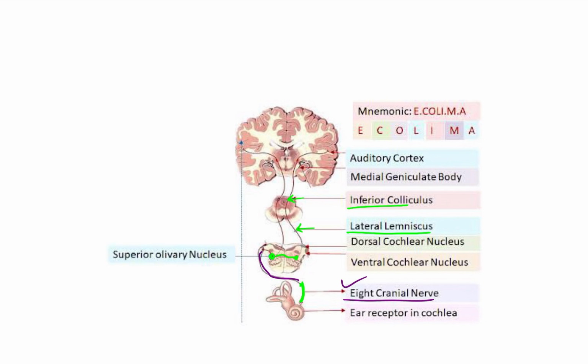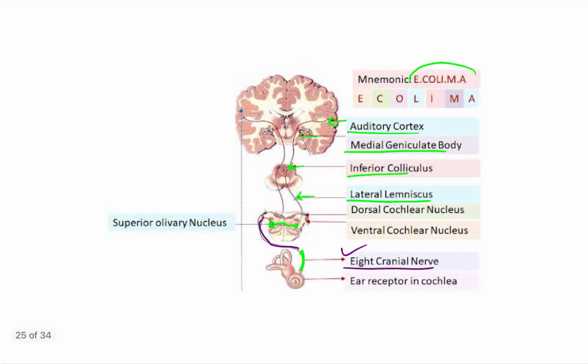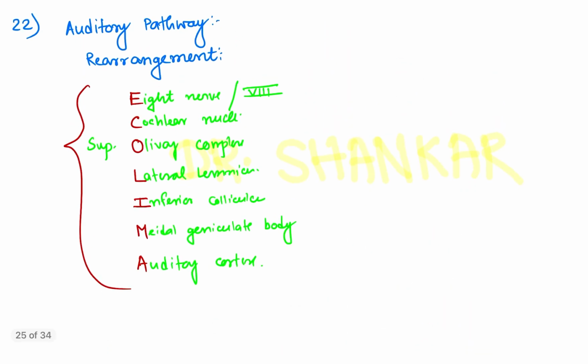Then medial geniculate body, then auditory cortex. So this is the pathway. The mnemonic is ECOLIMA, a very popular mnemonic. So this was the question of last year INICET, rearrangement of the structures involved in the auditory pathway, from 8 nerve to auditory cortex.